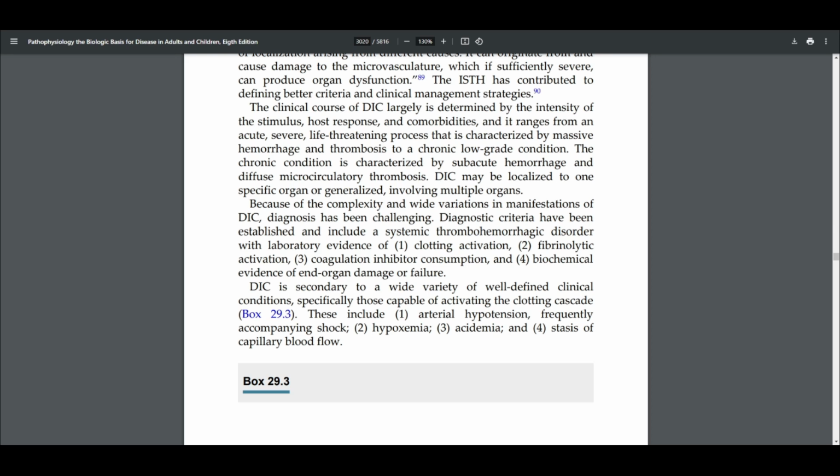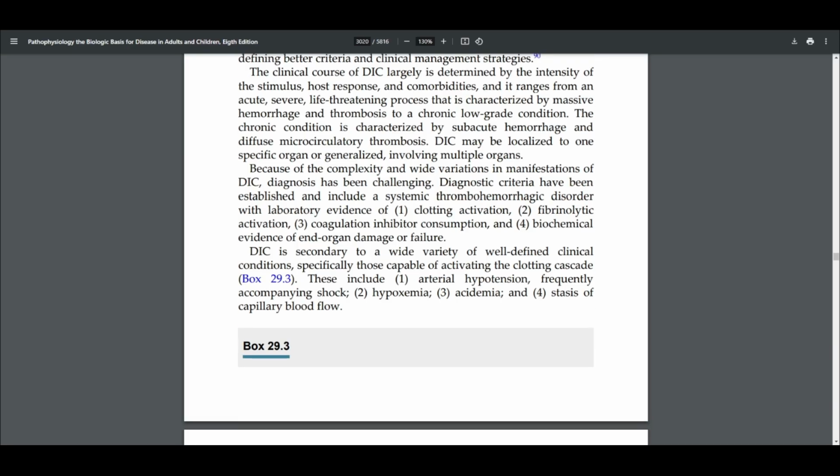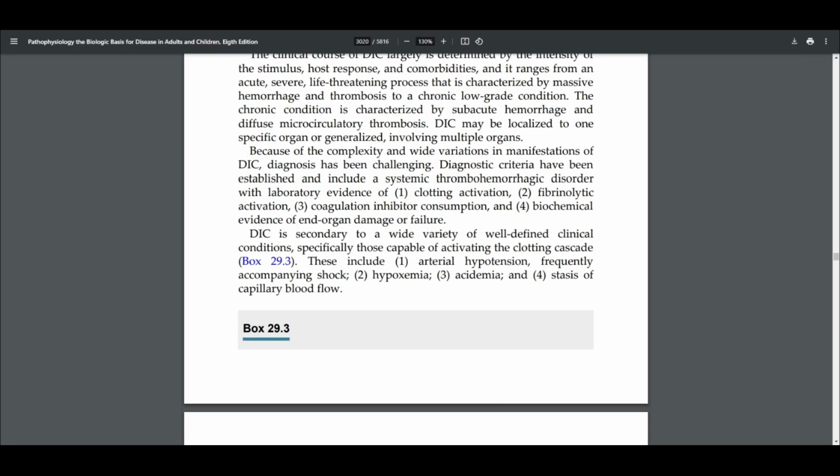Diagnostic criteria have been established and include a systemic thrombohemorrhagic disorder with lab evidence of clotting activation, fibrinolytic activation, coagulation inhibitor consumption, and biochemical evidence of end organ damage or failure. DIC is secondary to a wide variety of well-defined clinical conditions, specifically those capable of activating the clotting cascade.